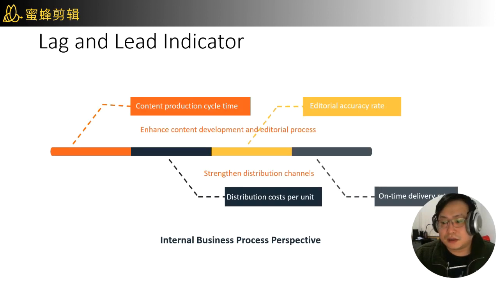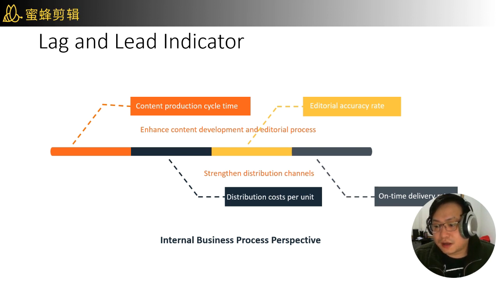Let's talk about lagging and leading indicators for our strategic objectives. We know that a leading indicator is a predictive measurement and a lagging indicator is an output measurement. From the internal business process perspective, a lagging indicator for content development and editorial process is the time it takes to produce and publish content.